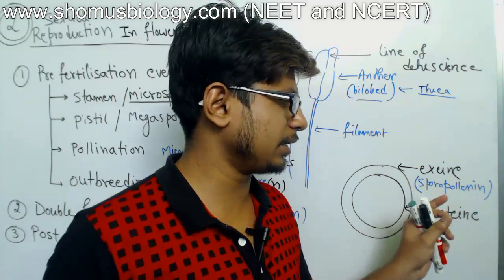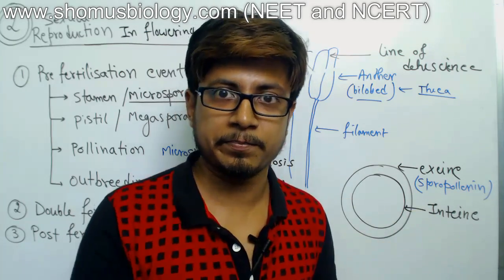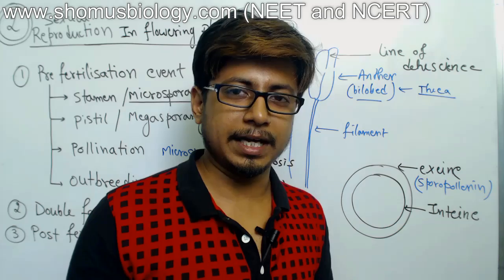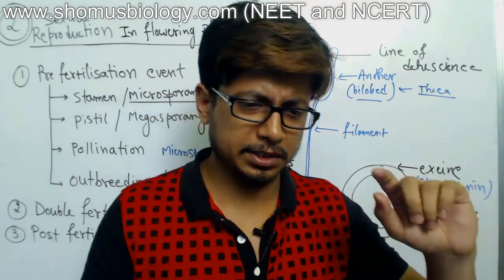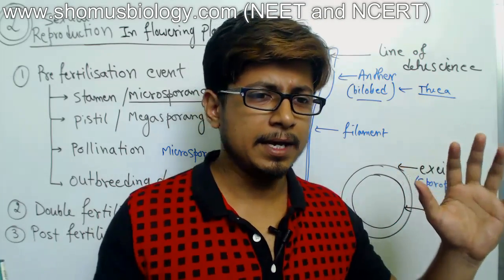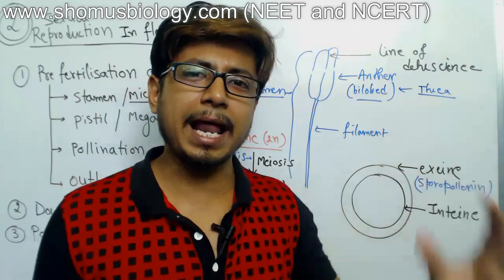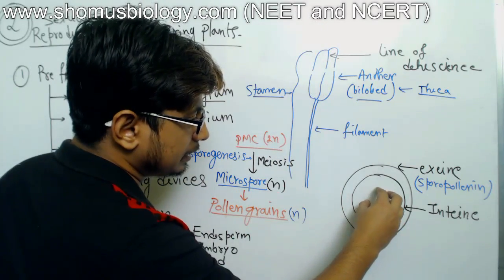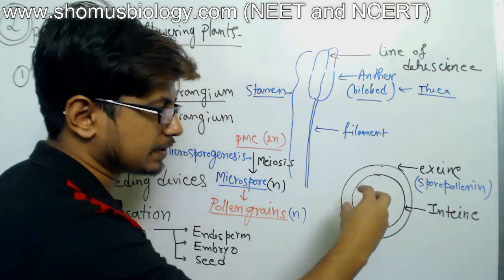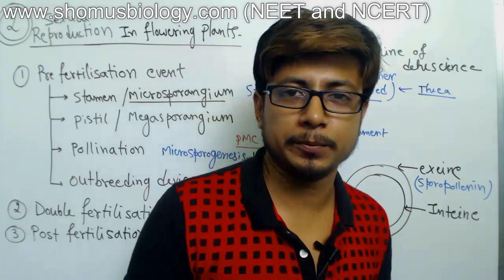Actually, not toughest, that's the wrong term, but sporopollenin is known as the most resistant compound that humans know till this point, because it's very resistant to high temperature and to changes in pH. If you put it into acid or alkali, nothing happens. Under the intine layer inside there is the cytosol, and that is where the nucleus is found.